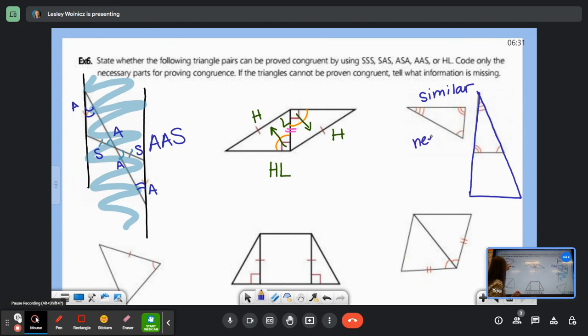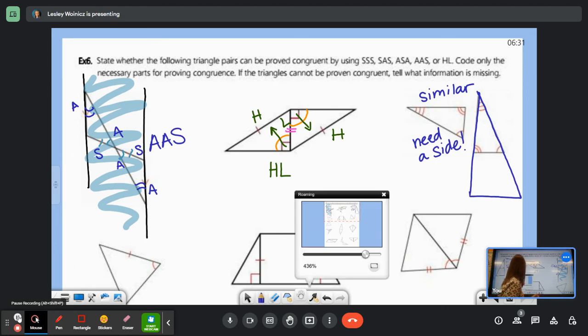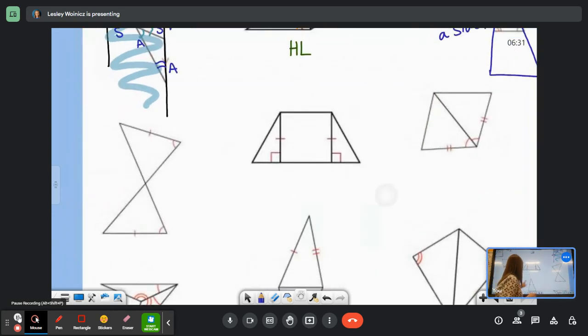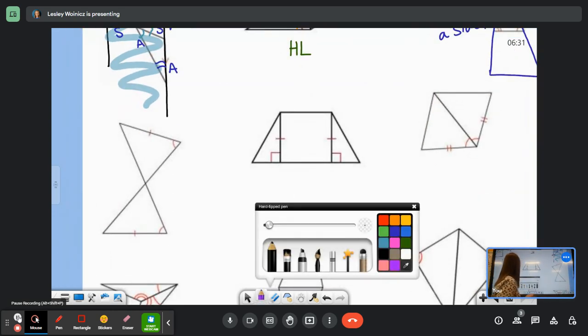Need a side, because the side is what tells us how big the triangle is. Okay.